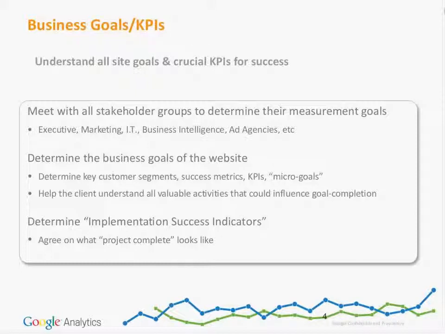So some example business goals, of course, things like conversions, transactions, leads, or some sort of sign-up form. Usually a help center, right? If there's a help center, then one of the implicit goals of a website is to help customers with support issues. Then there are investments or recruitment forms, right?